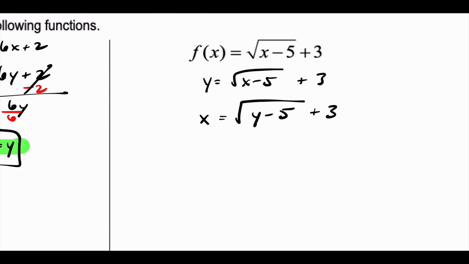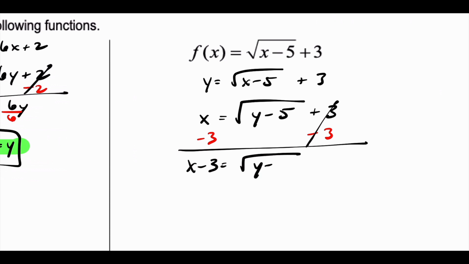Solve for y. Okay, so I'm going to subtract 3 from both sides. x minus 3 equals the square root of y minus 5. Then I have to undo the square root, which means square both sides.